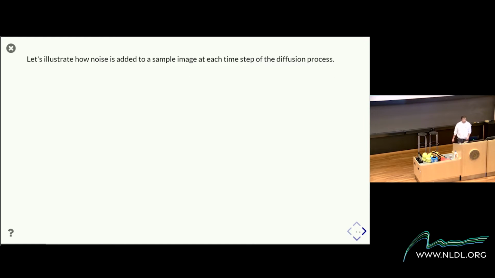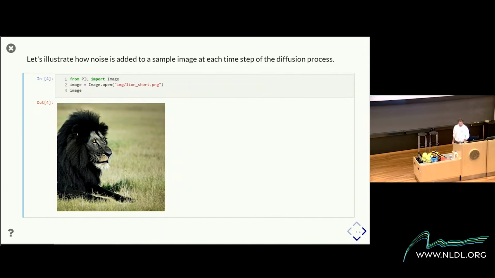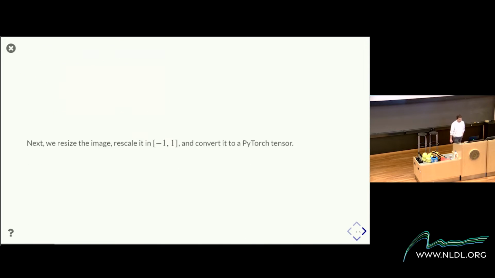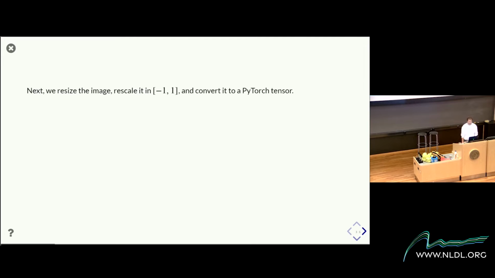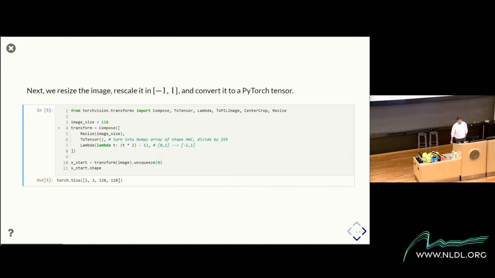Okay. So now let's illustrate how noise is added to a sample image at each step of the diffusion process. Let's start from this image. The first thing that we do is scale the image to the range -1 to 1, and we also convert it to a PyTorch tensor, so we can do some operations. This is just the code.